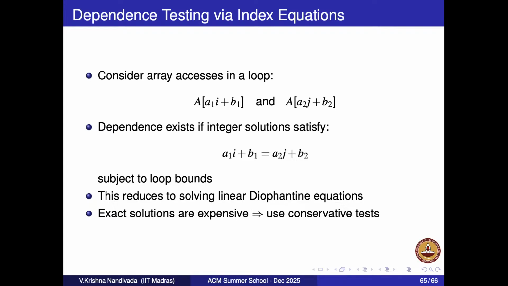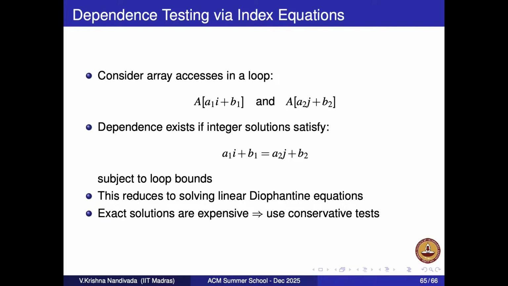Do you see why we are asking this question? I am saying, let's say in some iteration I1 I am writing, in some other iteration I am reading. I want to ask, is it possible that 2I1 plus 3 and 3I2 plus 1 are the same? If they are the same, what does it mean? They are referring to the same array element. Can they refer to the same array element?